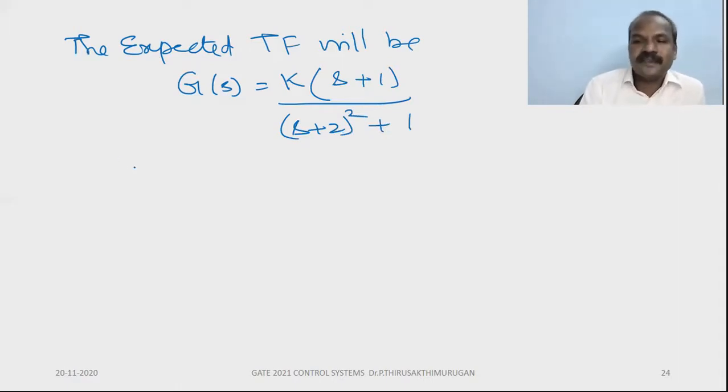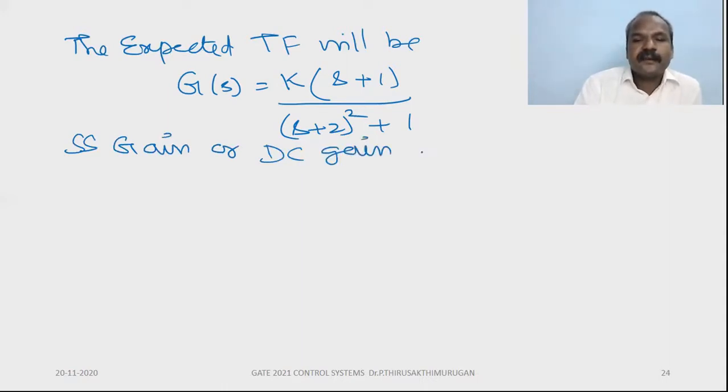For the DC gain, the gain equals k by 5. The DC gain, or steady state gain, we get when we put s equal to 0.